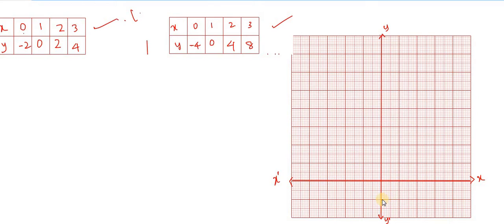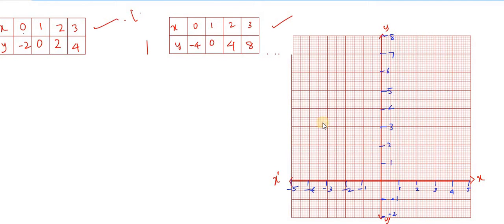So here -1, -2, here 1, 2, 3, 4, and here 5, and here -1, -2, -3, -4, and here -5, and the remaining here 1, 2, 3, 4, 5, 6, 7, 8.